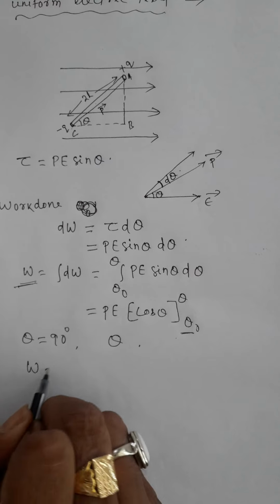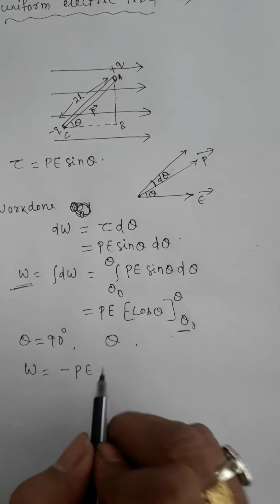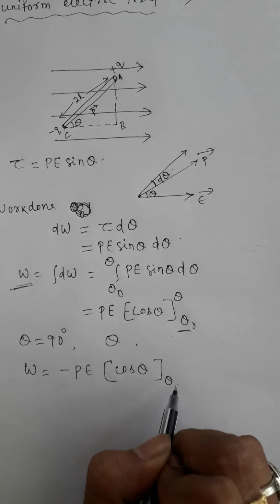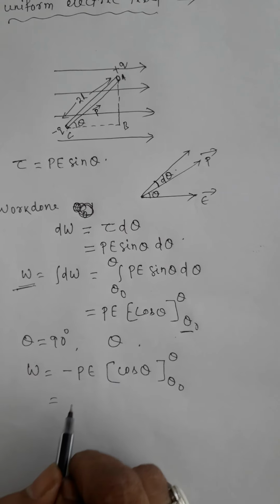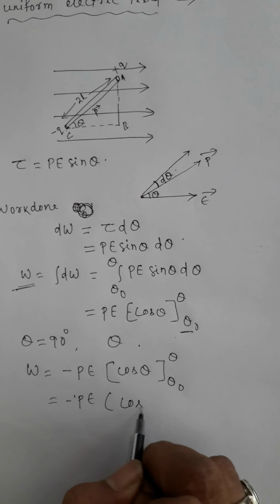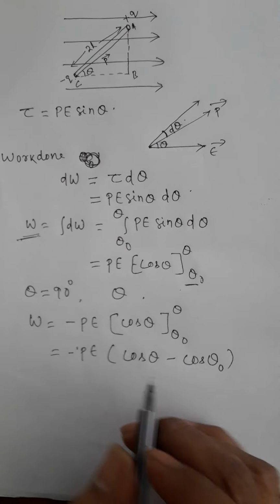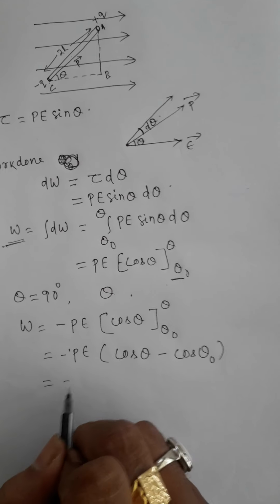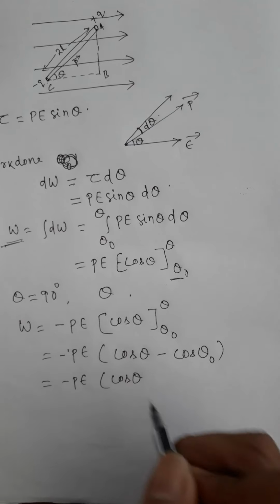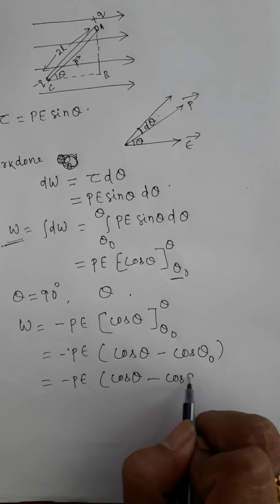So W is equal to minus pE cos theta from theta 0 to theta, and we can write it as minus pE, cos theta minus cos theta 0, that will be minus pE cos theta, where the final orientation is theta and the initial orientation is 90 degrees, that is cos 90, which is zero.